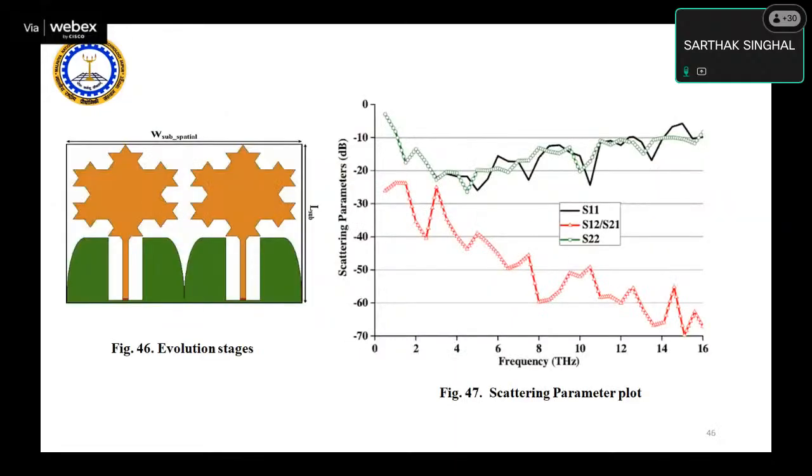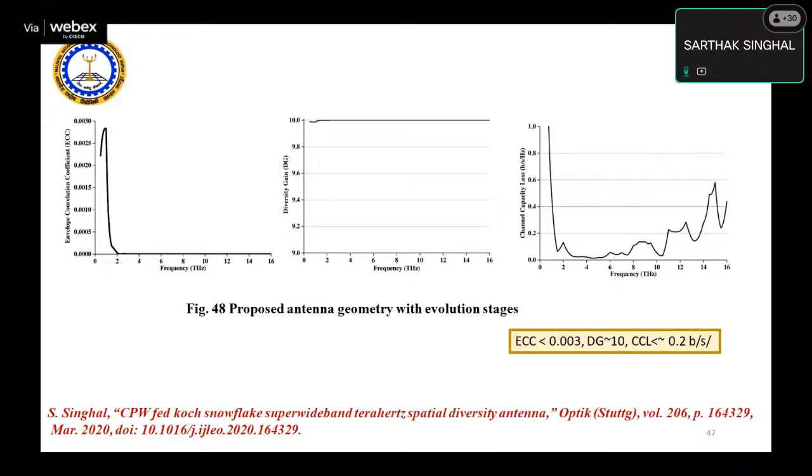Then its spatial diversity configuration has an isolation of more than 22 dB, but there is certain mismatch between the reflection coefficients of port number 1 and 2 after 4 terahertz. The diversity performance parameters are in the acceptable limits.